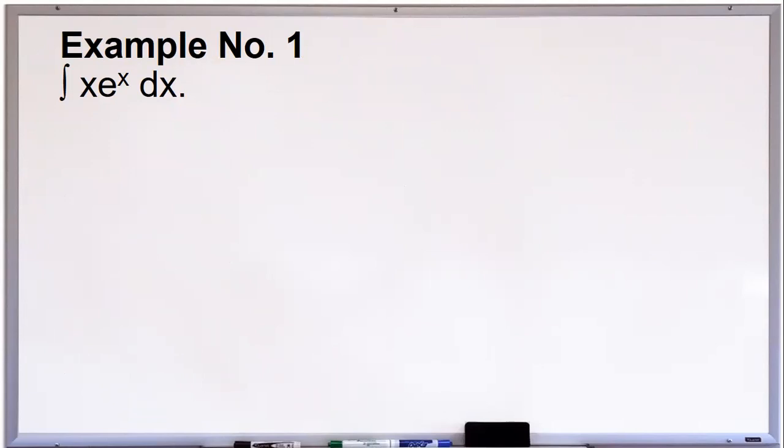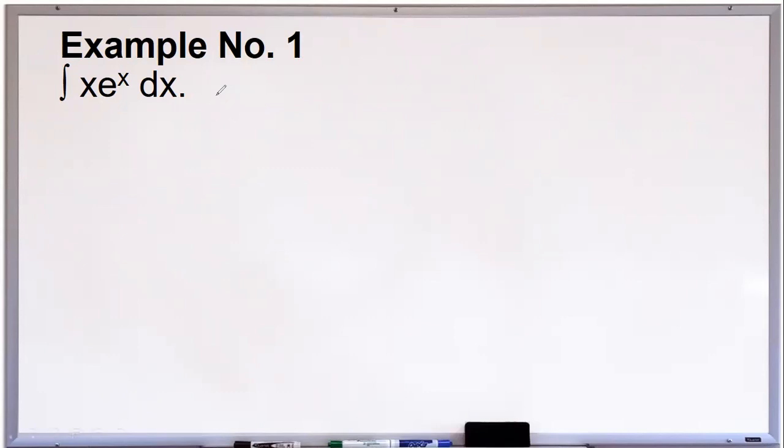So we're asked to integrate x e raised to x. So this is a product of two functions kasi it involves two functions, di ba? So integral of x e raised to x dx.